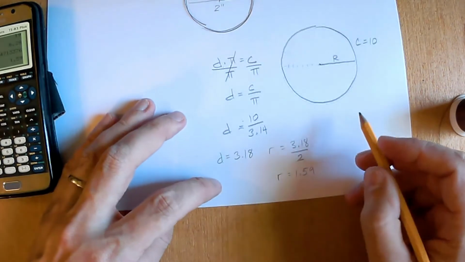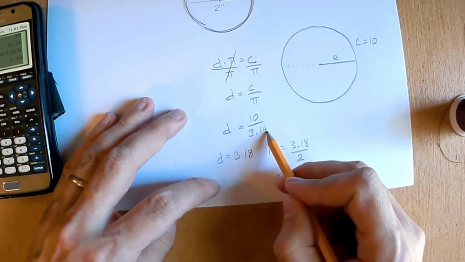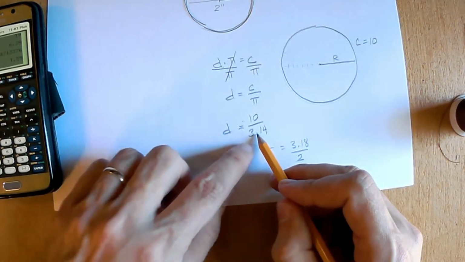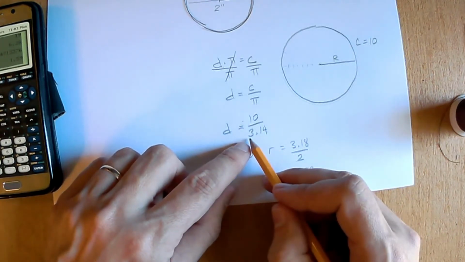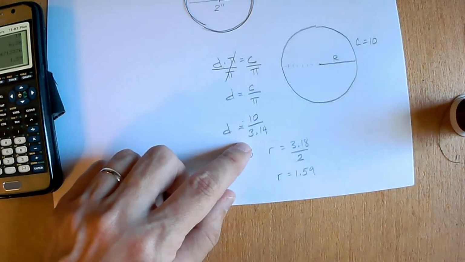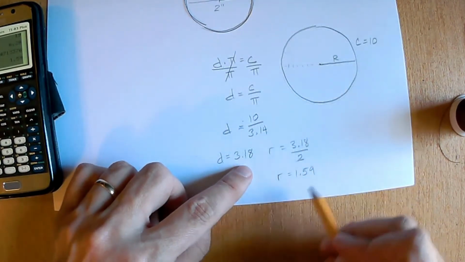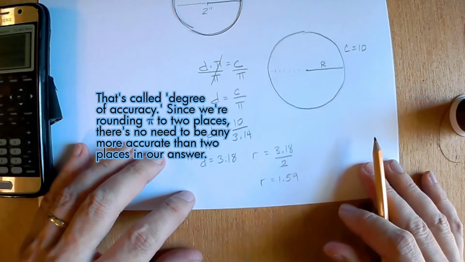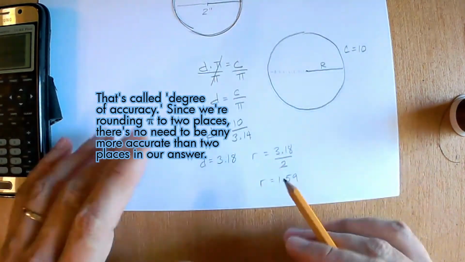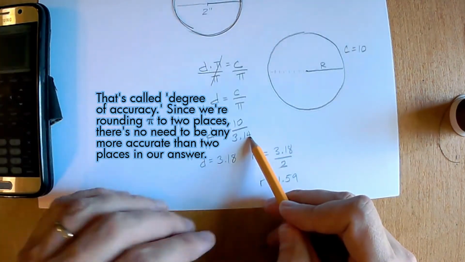Now notice what I've done is I've rounded everything to the hundredths place, right? Since pi is just an approximation here, it's actually 3.14159 and so on. Since we've rounded this to the hundredths place, I'm rounding everything to the hundredths place. That way we don't get more exact than we really need to be because we're estimating pi to begin with.